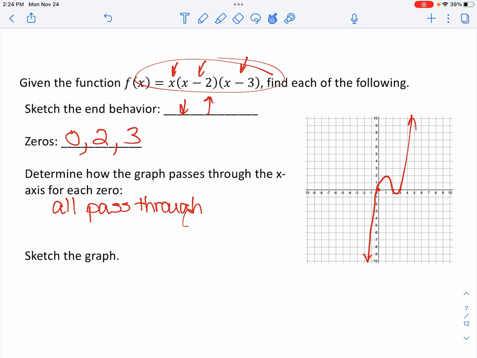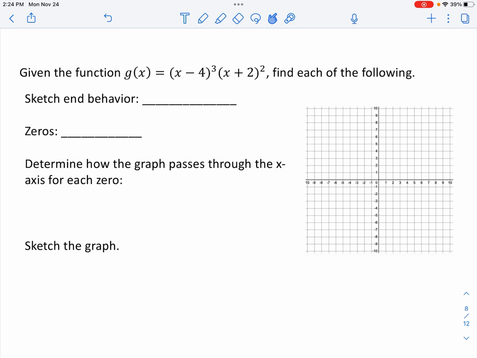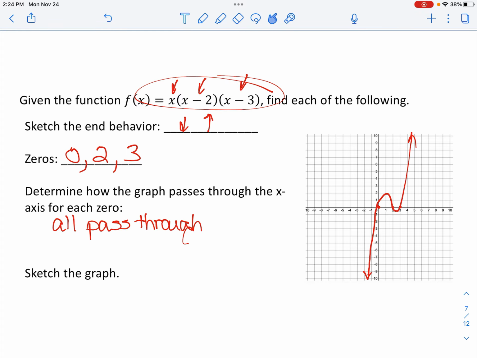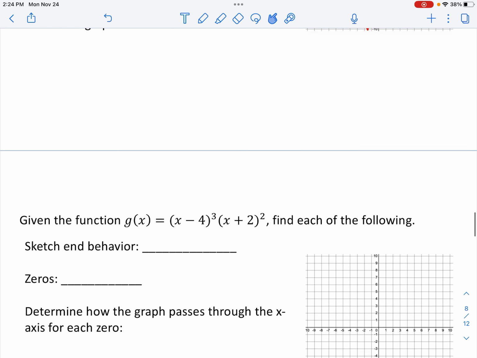Sketch it, but make sure that it's fairly accurate, especially that the zeros are marked properly. Okay, so here's another one. Sketch the end behavior. You can see that it's an odd degree function. I should go back up here and make sure that this end behavior right here matches this graph. Yes, so we're good. You kind of want to double check that before you continue on.